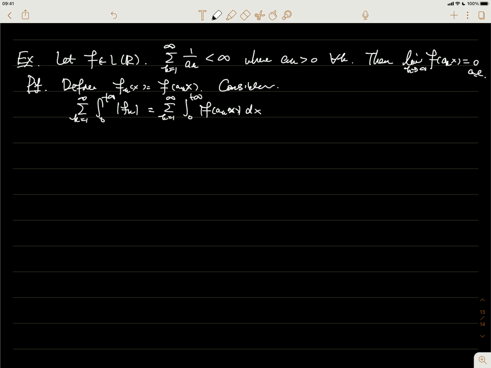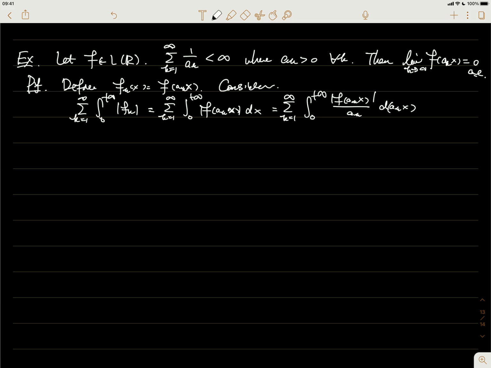right? And then we can do a change of variable. Just inside, we're doing everything for each term in this sum. So do a change of variable. This becomes f(a_k x) divided by a_k, d(a_k x). Now the change of variable is applied to this a_k x.